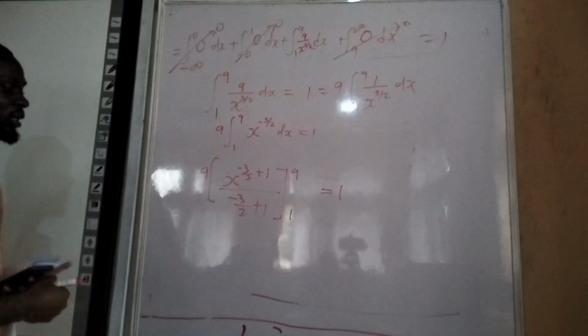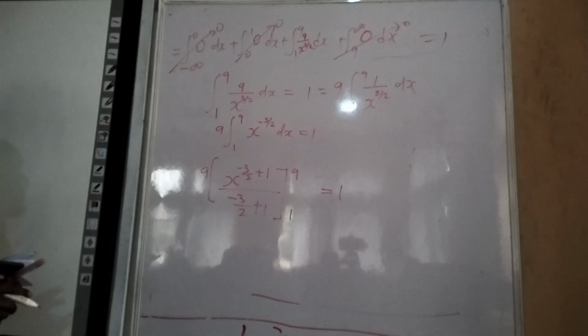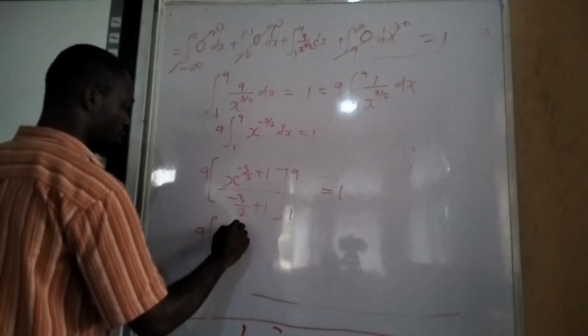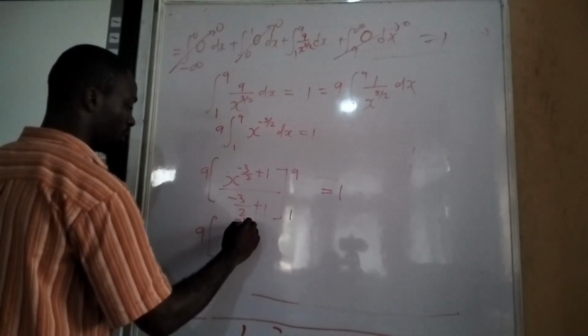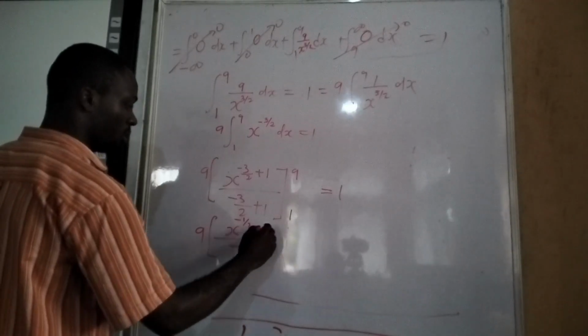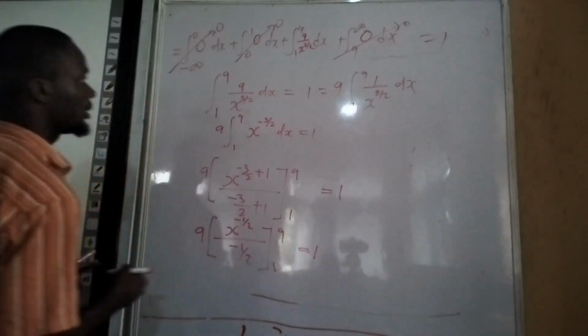That's how we got here. Then minus 3 over 2 plus 1, we get minus half. So this will give us s to the minus 1 over 2, all over minus 1 over 2, from 1 to 9, equals 1.